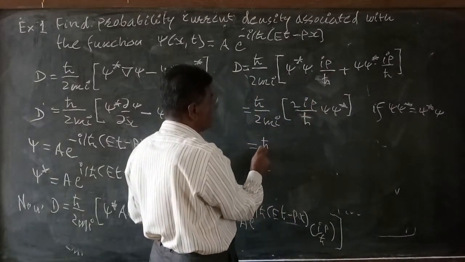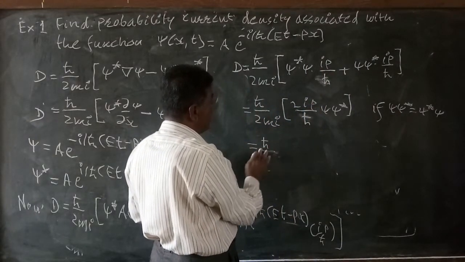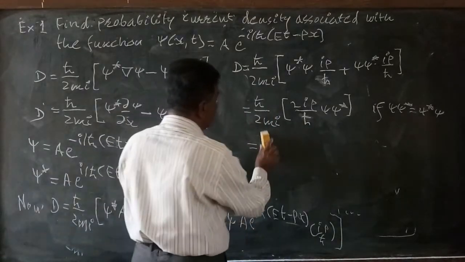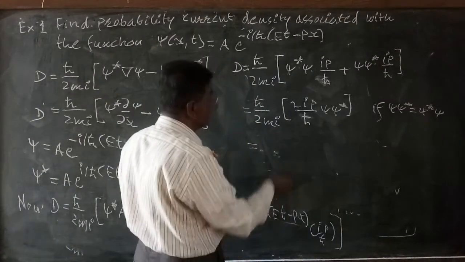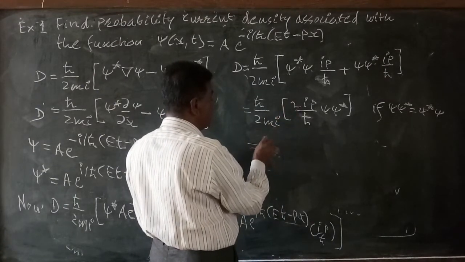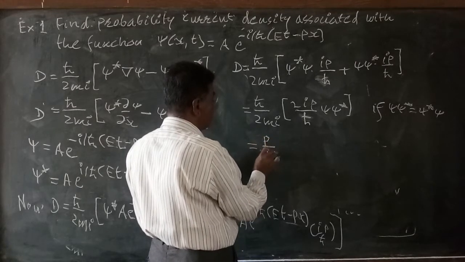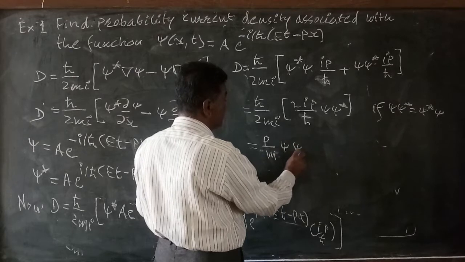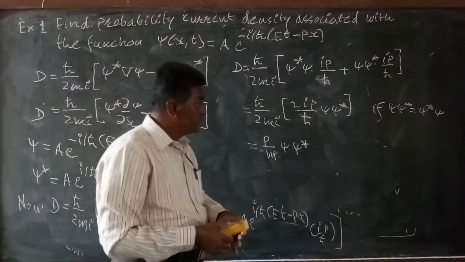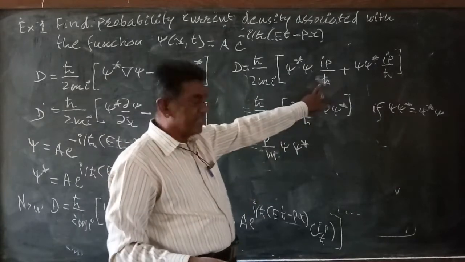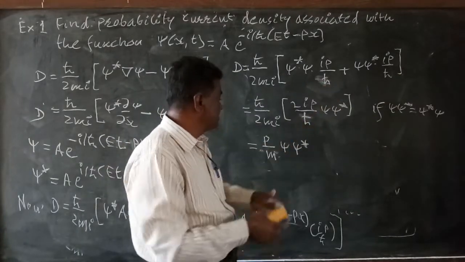The h cross gets cancelled, i also gets cancelled, and what remains is p divided by m into psi star. Got the idea? Here I had written h cross k, but it is h cross. So we are getting this equation.